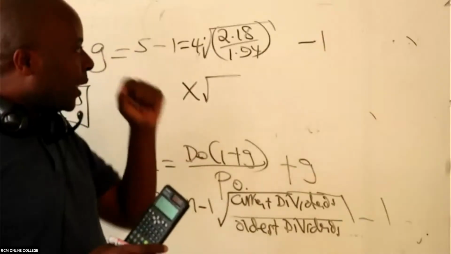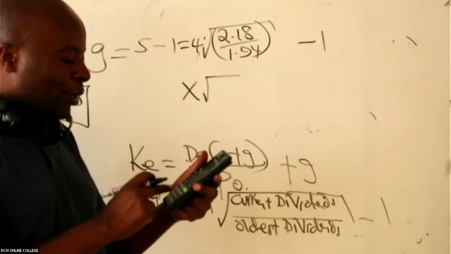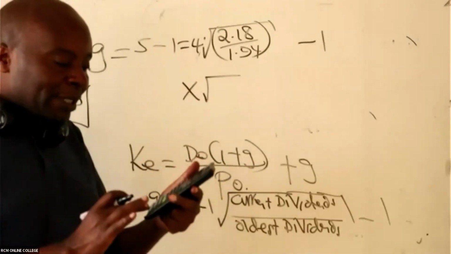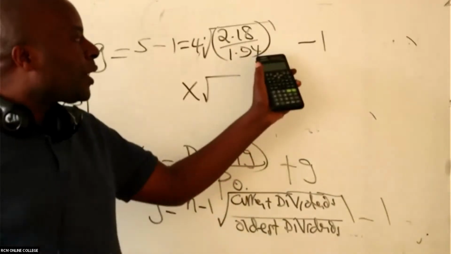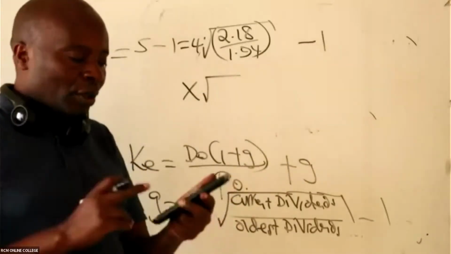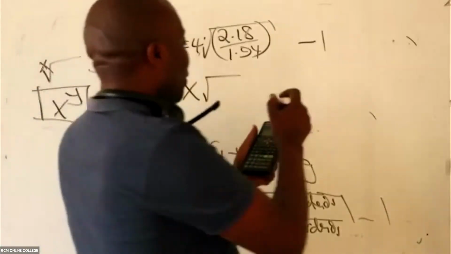Then I'll be able to say 2.18 divided by 1.94. You close. Don't say anything else but equals first. So say equals. Whatever you get, you take away 1, because this 1 is very independent. Is there somebody who is able to get something like this?